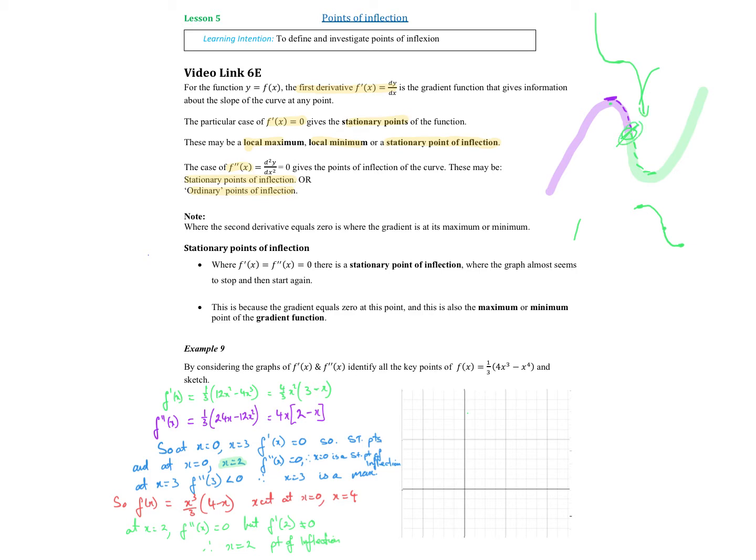So the difference being there, the stationary point of inflection will have a 0 gradient somewhere. Where the second derivative equals 0 is where the gradient is at its maximum or minimum steepness. Where f dash of x is equal to 0 and f double dash of x is equal to 0, the first derivative and second derivative are both 0, and there is a stationary point of inflection.